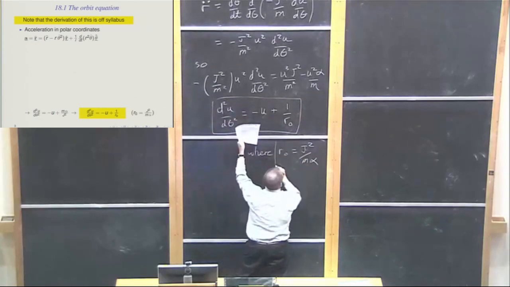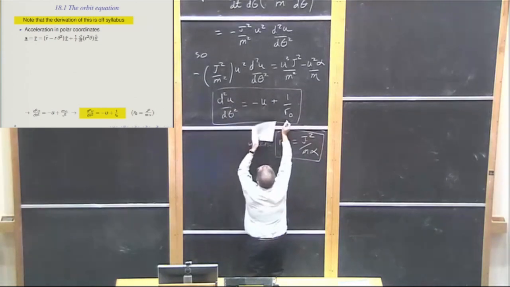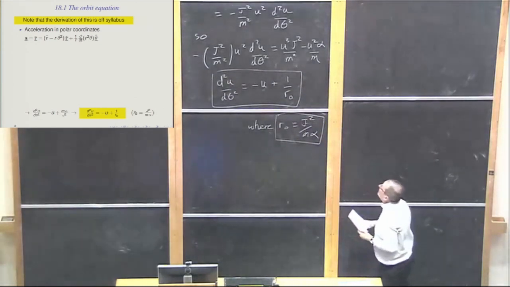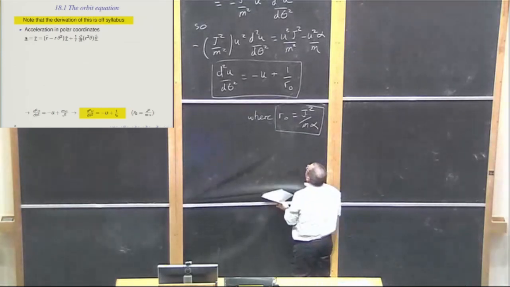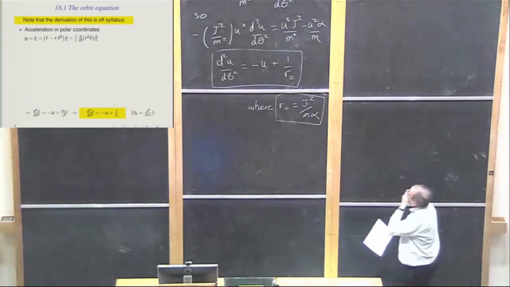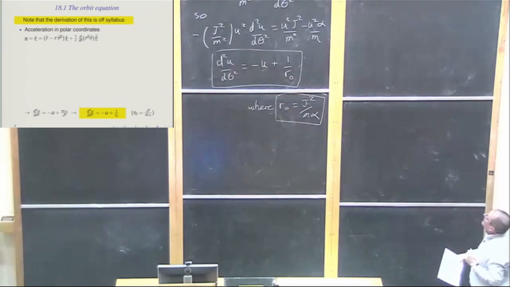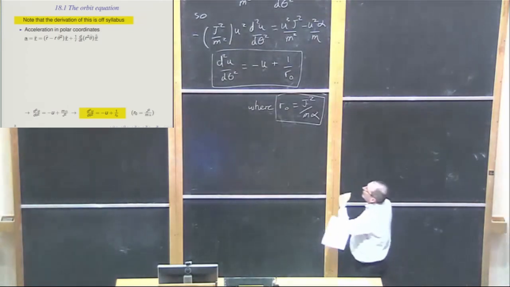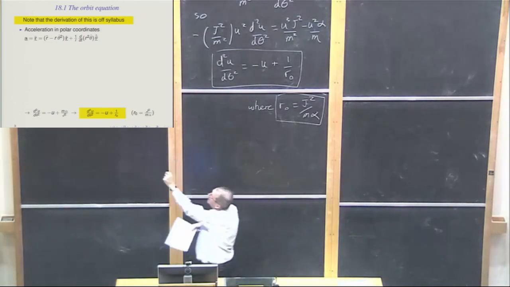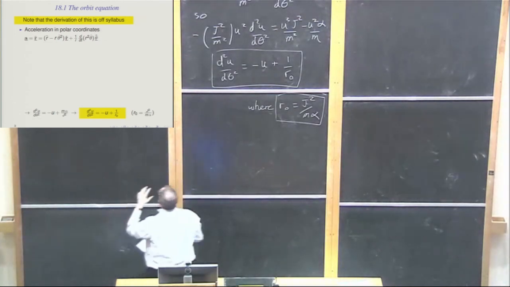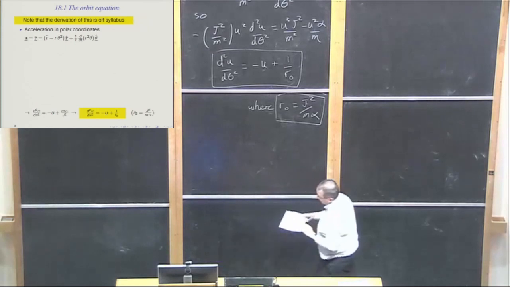Okay, so that was worth it, making that substitution for u. So now our expression for Newton's second law has been re-expressed in this rather compact form.